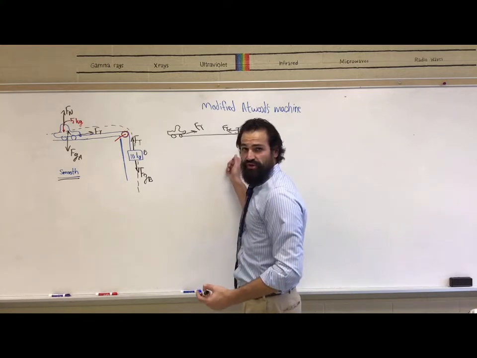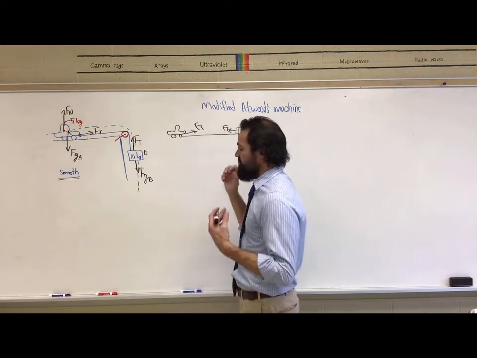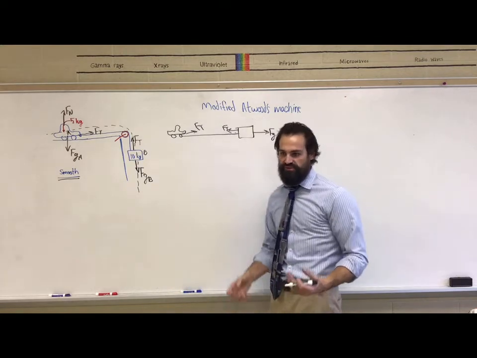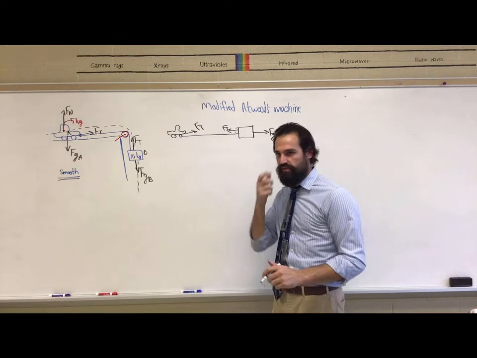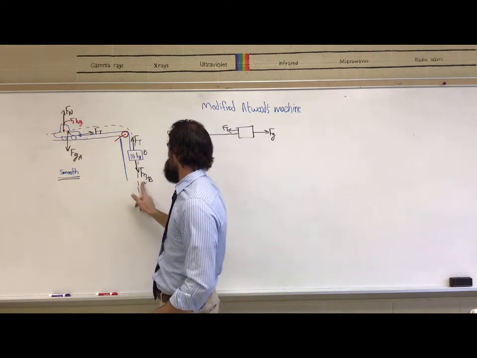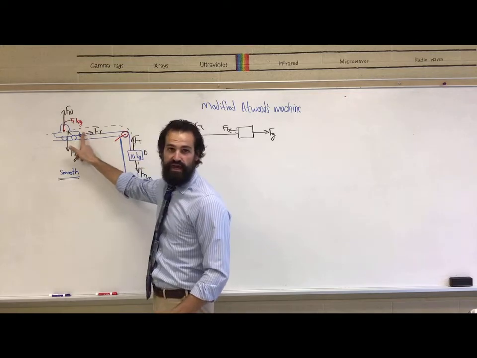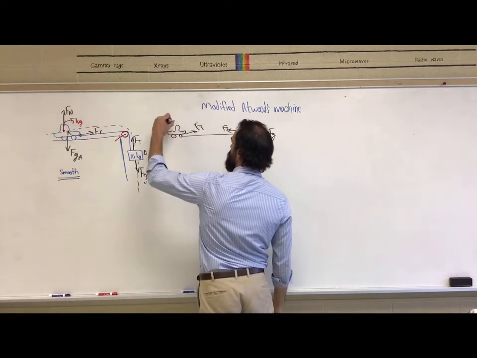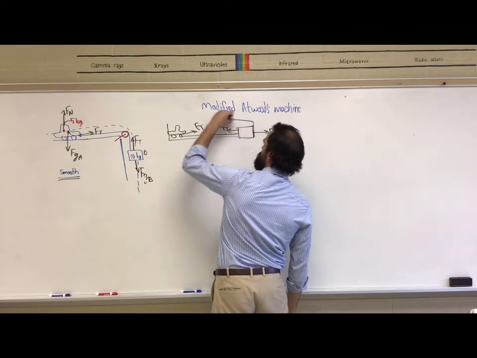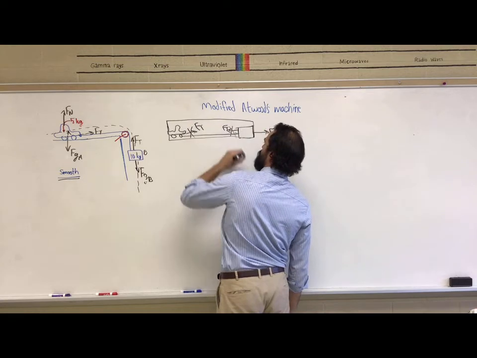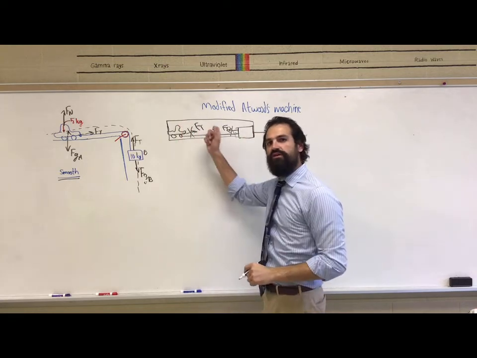So now let's actually look at the forces that are affecting the acceleration. And remember, acceleration is caused by unbalanced forces along our axis of movement. In this case, our axis of movement is affected by FGB, FT, and FT. And remember, there are two ways to approach this. We can treat this entire mass as a one-mass system, and then you can ignore internal forces, or you can add FT and subtract FT.